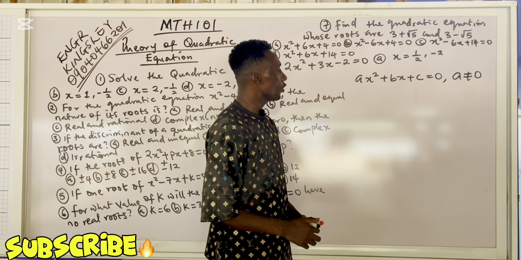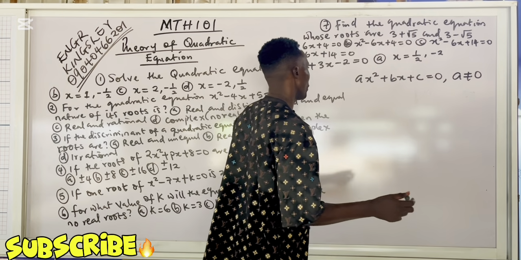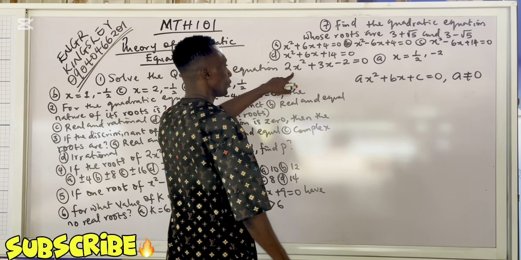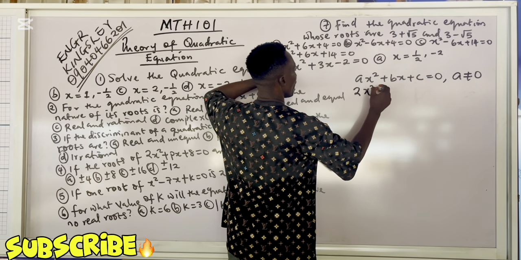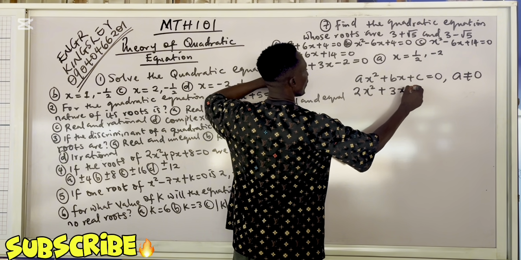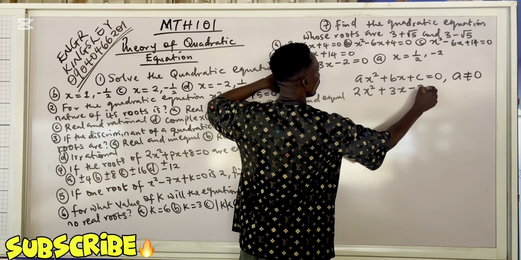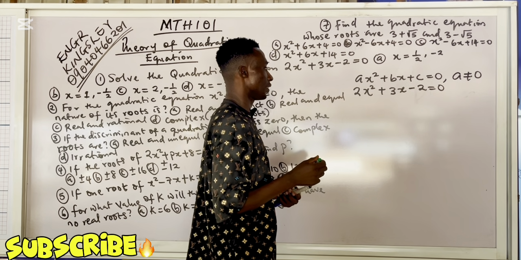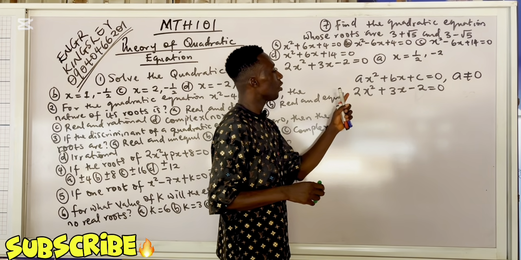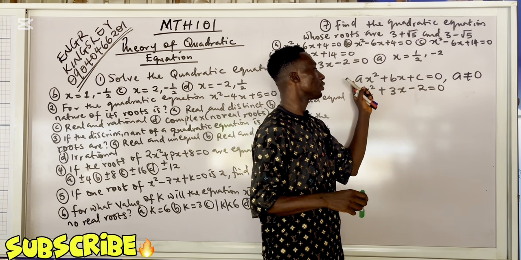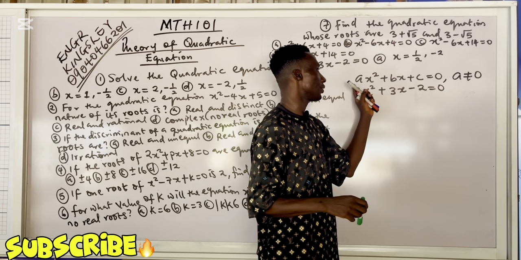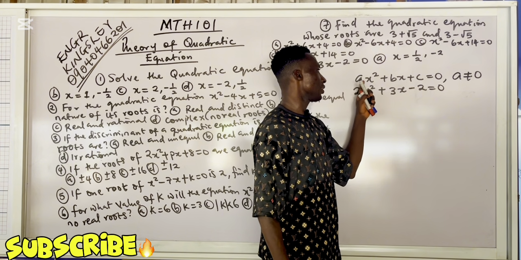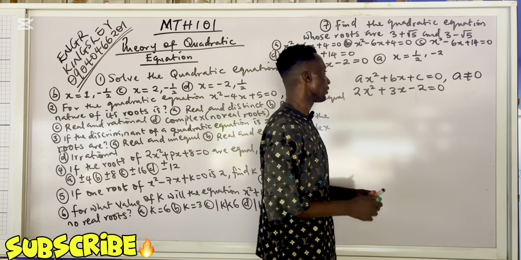Moving on, take for instance the equation given to us in number 1: 2x squared plus 3x minus 2 equals 0. The constants attached to these variables are called coefficients. The coefficients in a quadratic equation are a, b, and c.